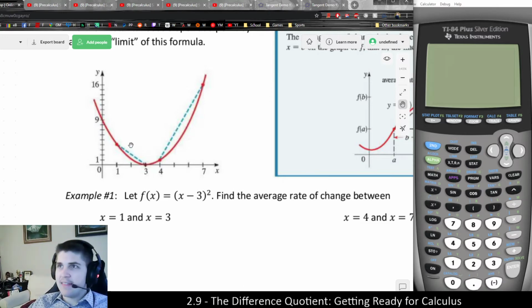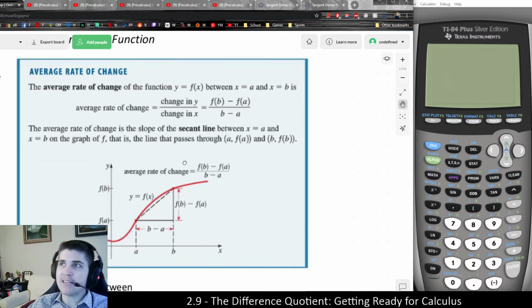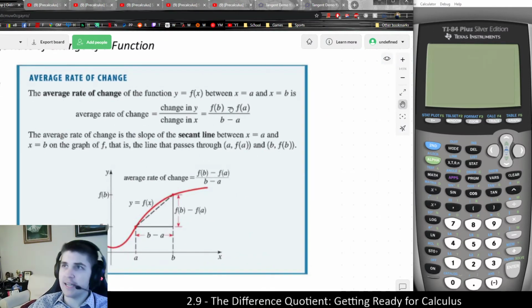The idea is that if you take an average, it's not exact, but there's a way of determining what makes it more exact as we go. The average rate of change is given to you in the little box on your packet. It says the average rate of change is equal to the change in y over the change in x.